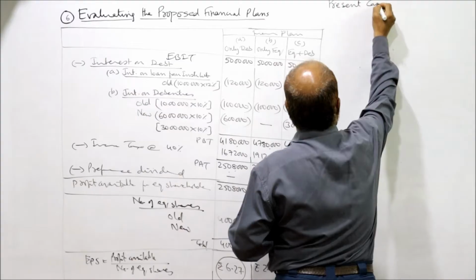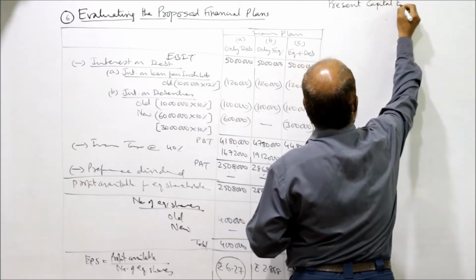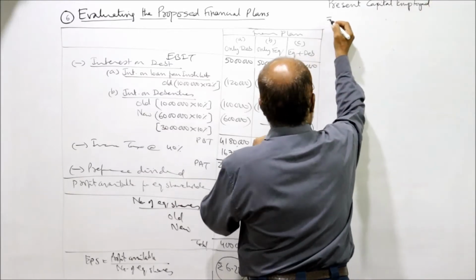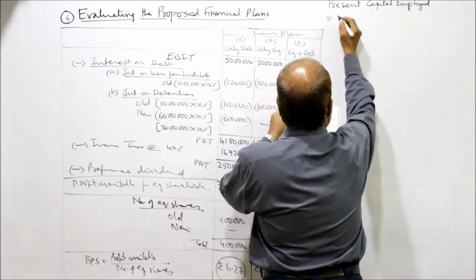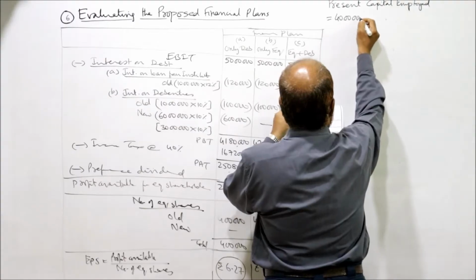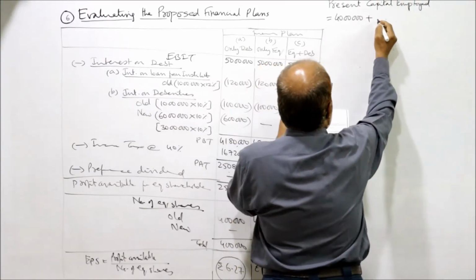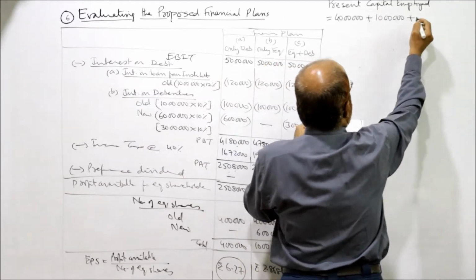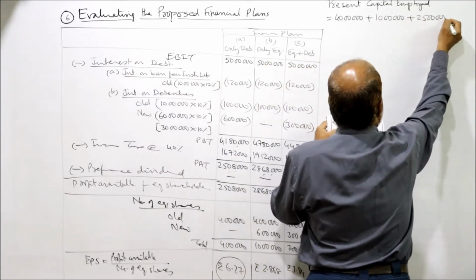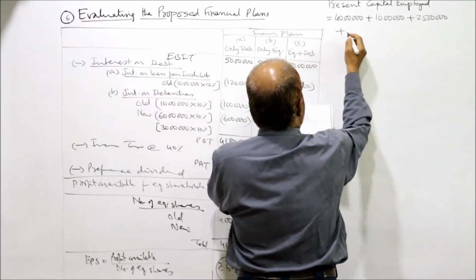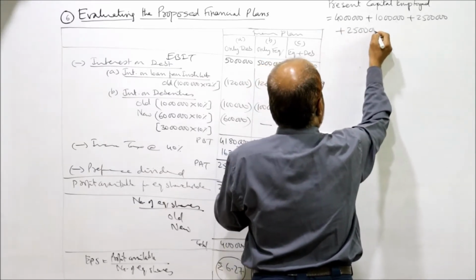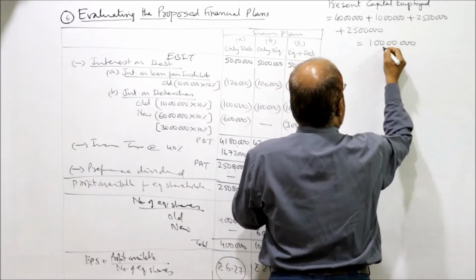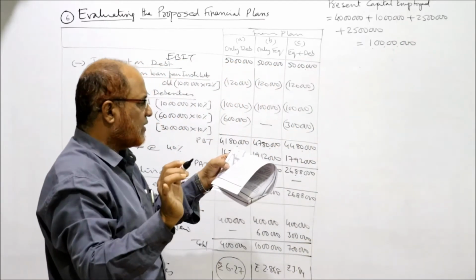Present capital employed is equal to: how much is the equity share capital at present? 40 lakh, plus retained earnings 10 lakhs, then preference shares 25 lakhs, plus debentures 25 lakhs. That will become 1 crore. So total capital employed at present is 1 crore.